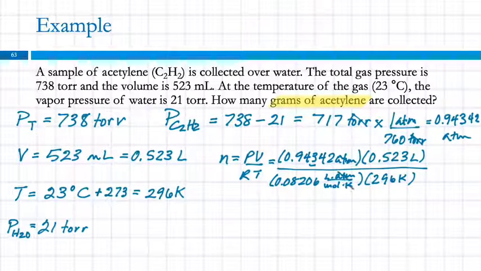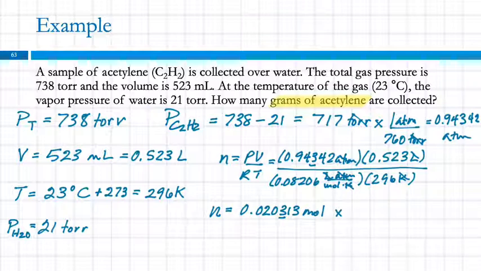Again, we can check that the units cancel out. So the moles is the pressure times 0.523 divided by 0.08206 divided by 296, 0.0203 moles.